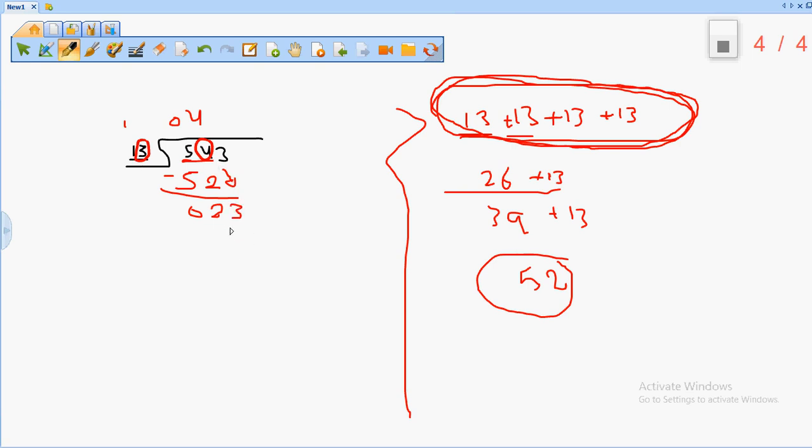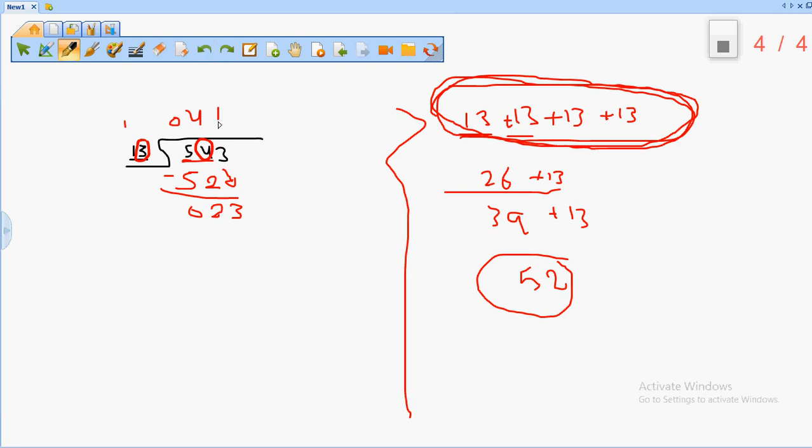23 divided by 13. Again I will hide 3 from the dividend and from the divisor. Okay, so 2 divided by 1 is 2, right? 2 times 3 is 6, 2 times 1 is 2. 26 is greater than 23, so I can't take it.